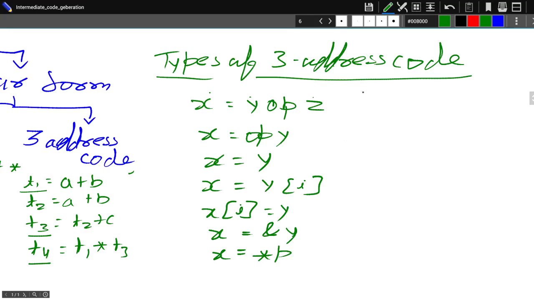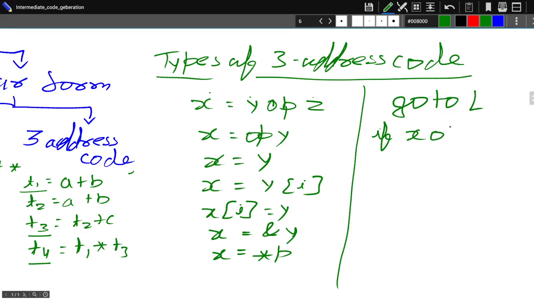If you are using goto, suppose goto L, some label L, so it will be allowed. Another one, if statement, if x op y goto L, this is allowed.